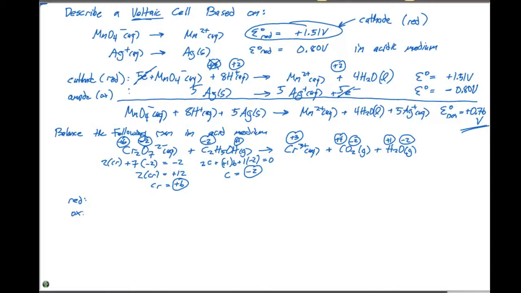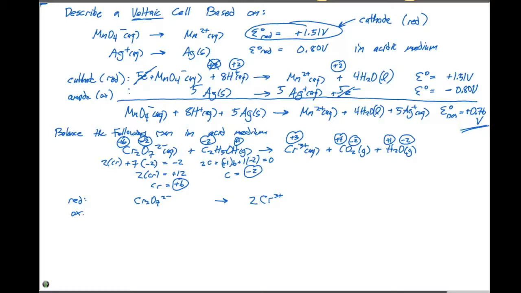So in our reduction half cell, we have Cr2O7 2- being converted into Cr3+. In this particular case, the first thing that we always want to balance is our transition metal. So if we have Cr2O7 2-, we need a 2 in front of the chromium 3+.